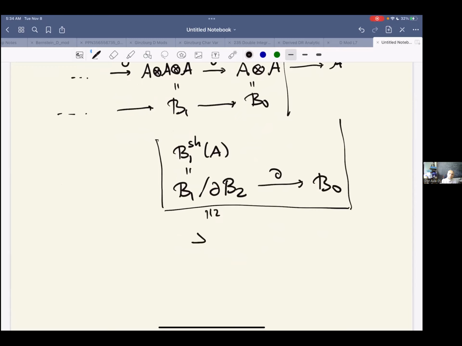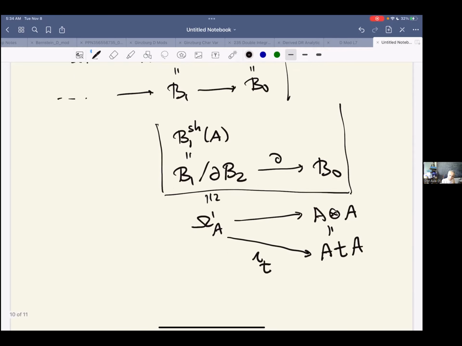And this happens to be... the differential just becomes iota t that I had defined before.